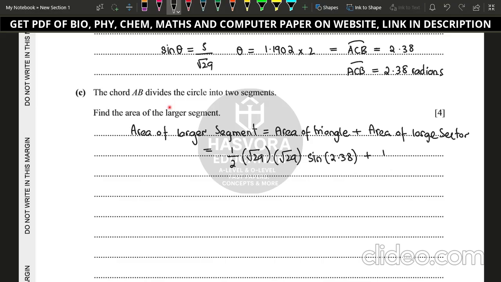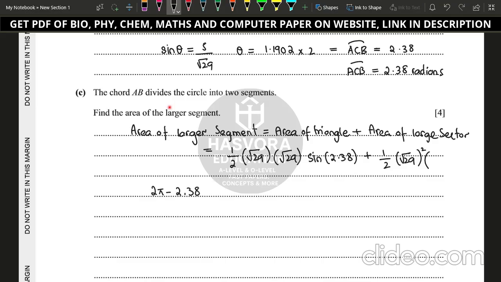It will become half r squared theta. So r squared is 29 because the radius remains the same. Now what is going to be theta? Because now we are looking at the opposite of it, it will become 2 pi minus 2.38.